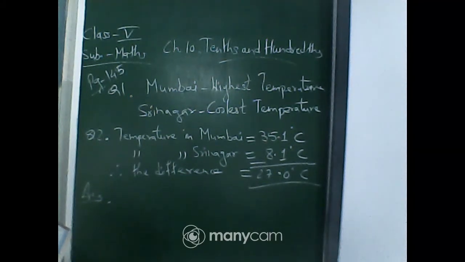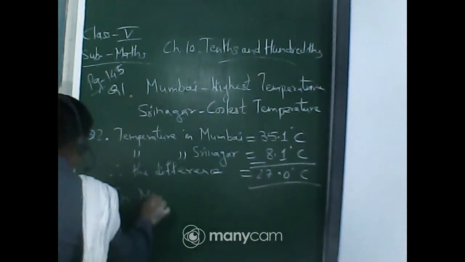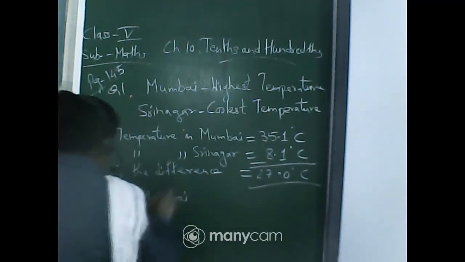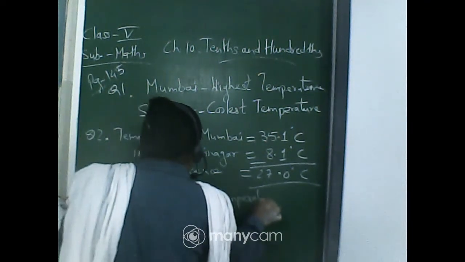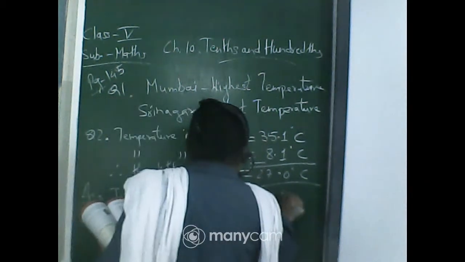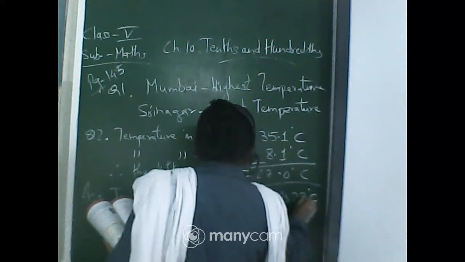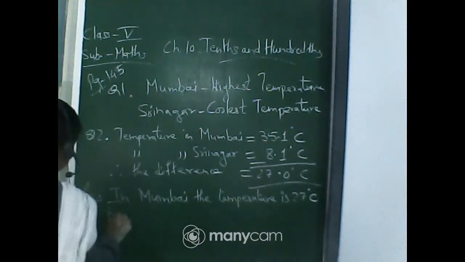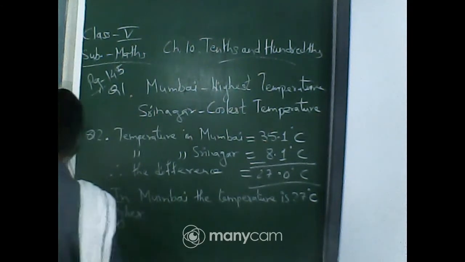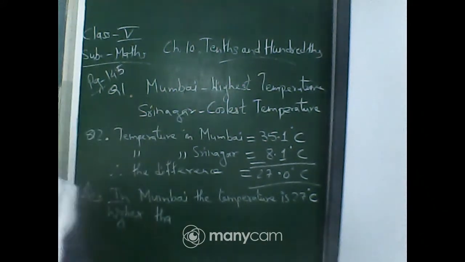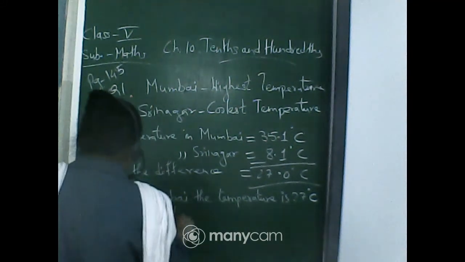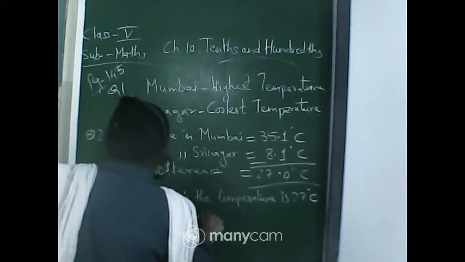So you will write that in Mumbai the temperature is 27 degrees higher than that from Srinagar.